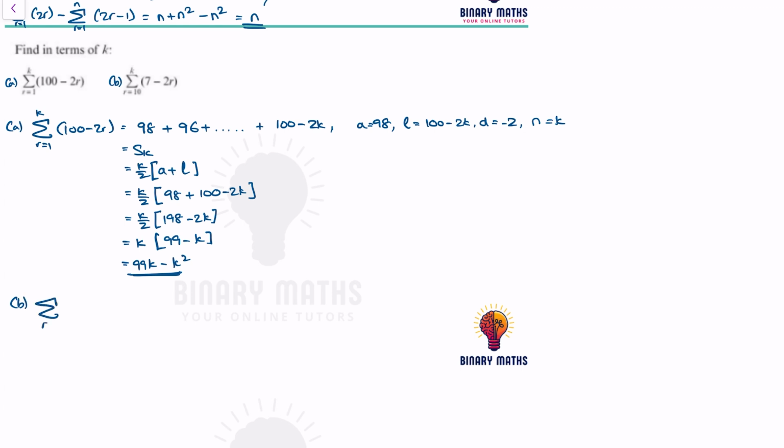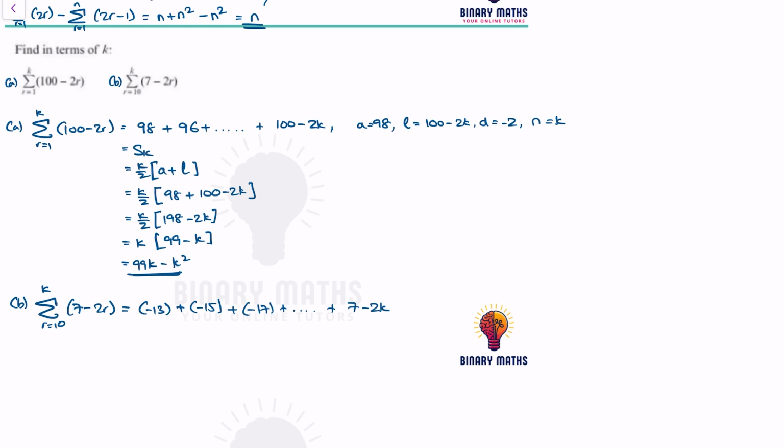So sum of r equals 10 to k of 7 minus 2r. So 7 minus 2 times 10 is 7 minus 20, which gives me minus 13. If I do 7 minus 2 times 11, that is 7 minus 22, which gives me minus 15. 7 minus 2 times 12 is 7 minus 24, which will give me minus 17, all the way up to when I substitute k in, which is 7 minus 2 lots of k.